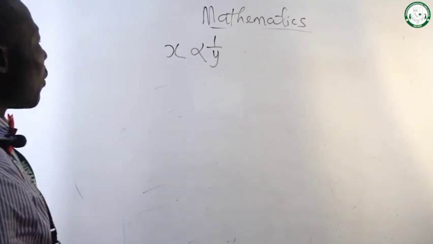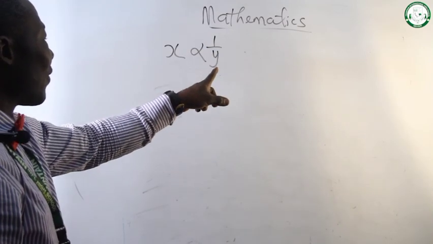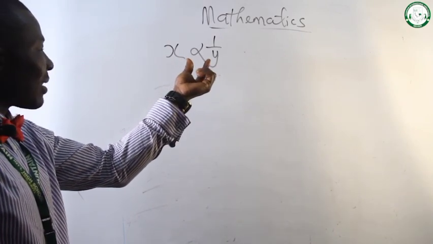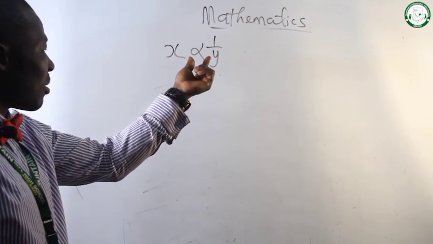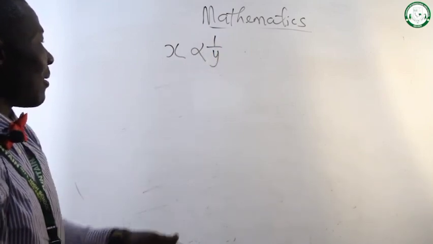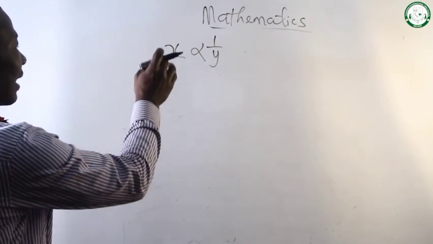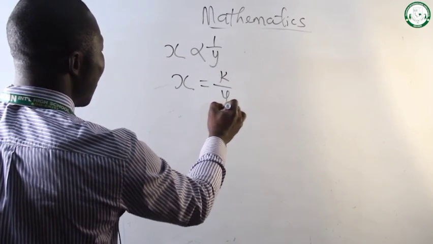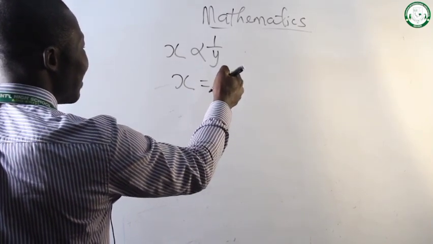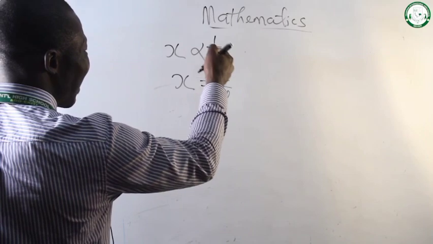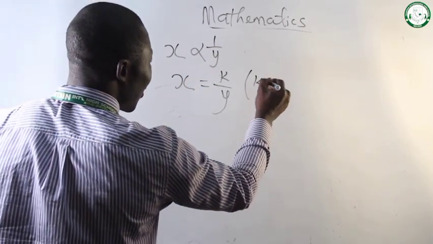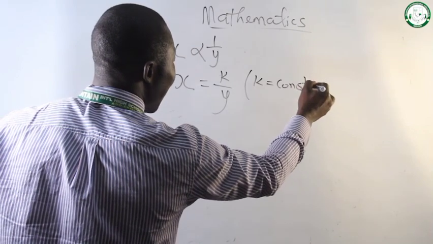So whenever you see 1 over any variable with a proportionality or variation sign, it means this is inverse. Please take note, and the next thing you do is change it to x equals k over y, because this k is the factor that makes it an equality, and we call it the constant. This could be anything.